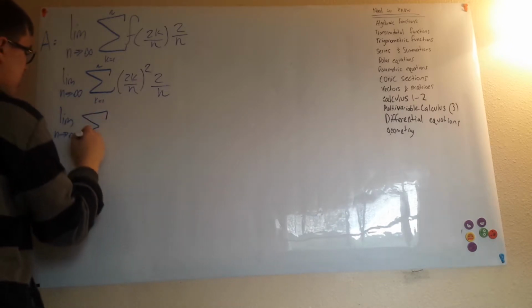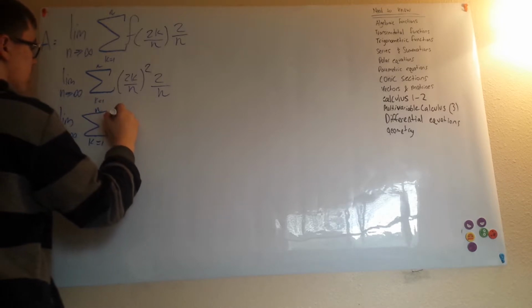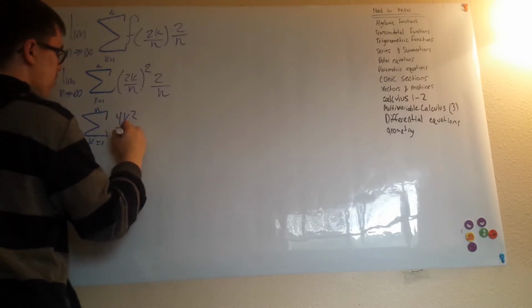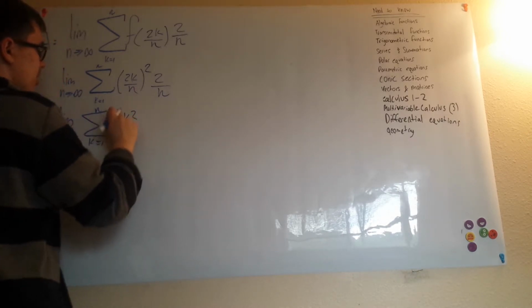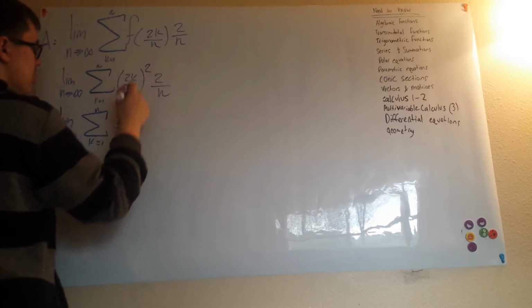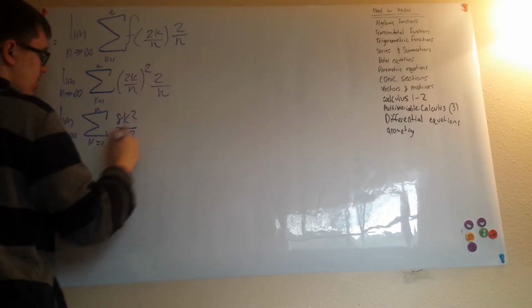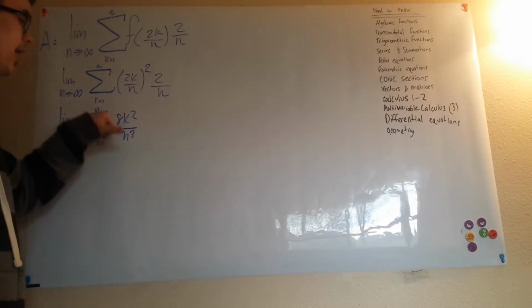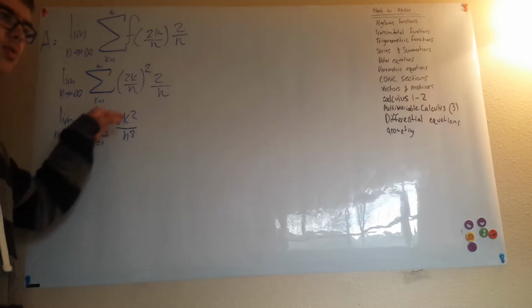It's the limit as n approaches infinity of the sum from k equals 1 to n of 4k squared over n squared times 2 over n. So I'm going to put an 8 here, I'm just combining these, times n to the third. So we have a variable k here.